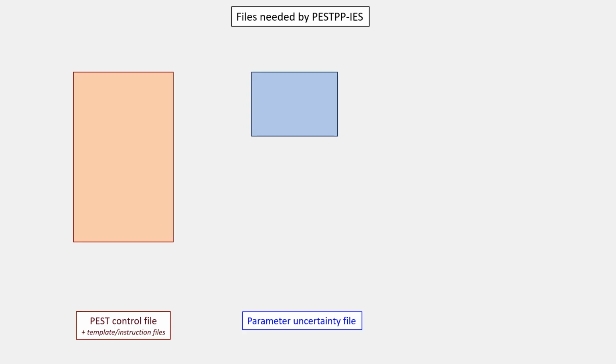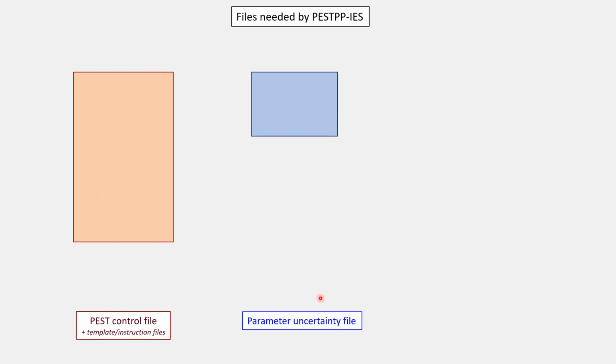model calibration. Now, preparing for ENSI inversion is almost the same as preparing for the use of PEST HP IES. We just need one extra file. So suppose that we were preparing for an IES run. Well, we'd need a pest control file and template and instruction files that are cited in the pest control file.